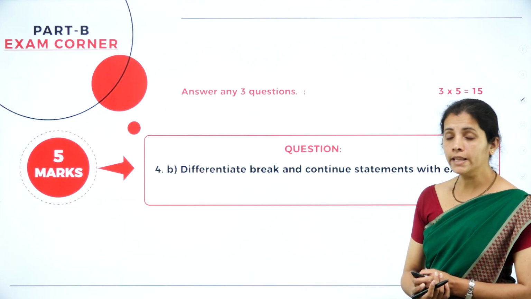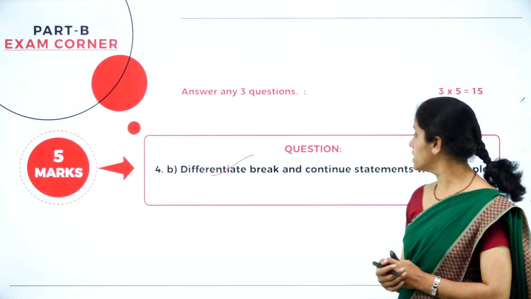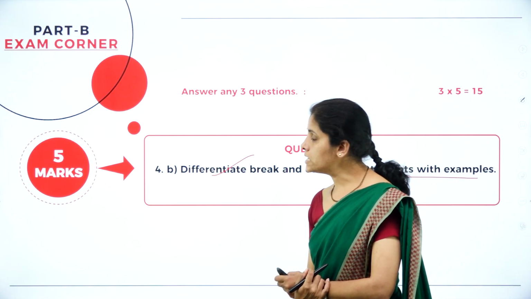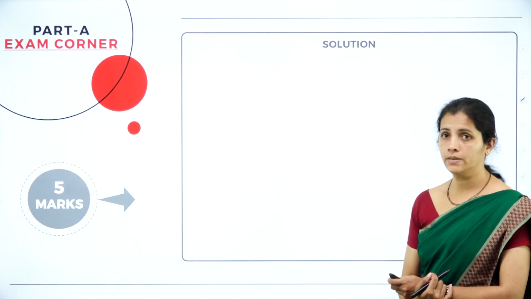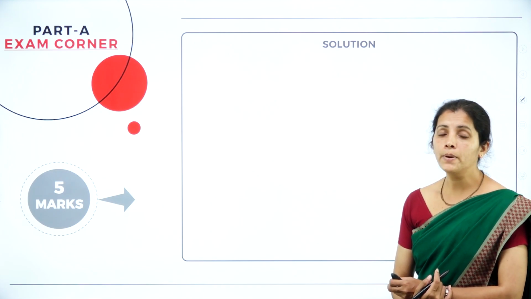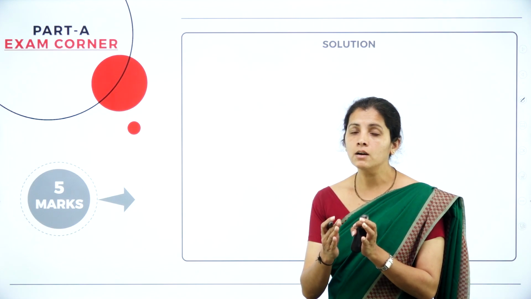Okay, fine. The next question here is differentiate break and continue statement with example. It carries 5 marks and is from the second unit. So, what is break and what is continue? Break in the sense, I want to break the block.